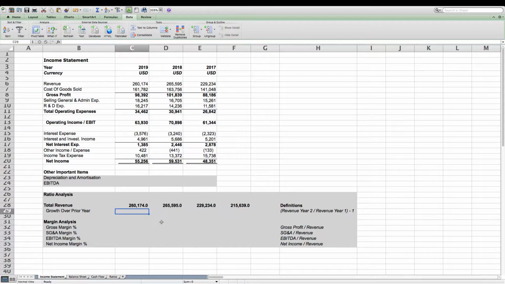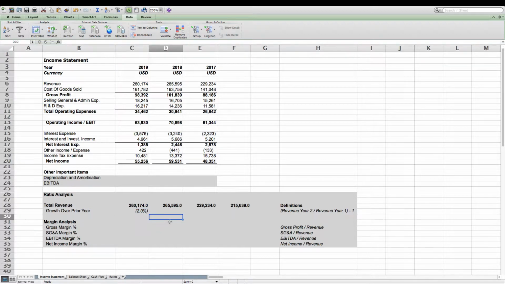So what am I going to do now? All I'm going to do is calculate Apple's revenue for this year and calculate how much it grew versus the previous year. So this gives me a percentage figure.